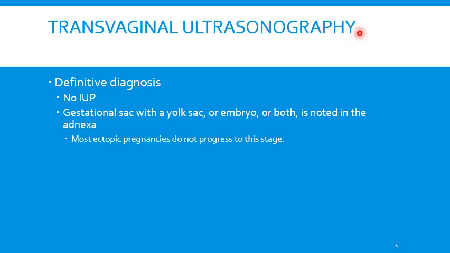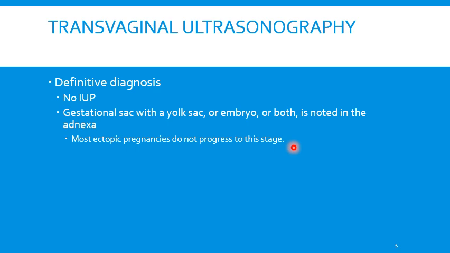Transvaginal ultrasonography can sometimes give a definitive diagnosis, if it shows no intrauterine pregnancy and a gestation sac with a yolk sac or embryo or both is noted in the adnexa. However, most ectopic pregnancies do not progress to this stage.